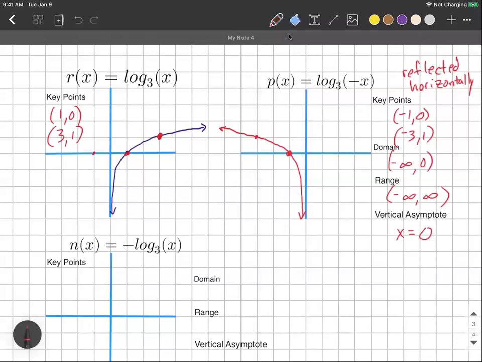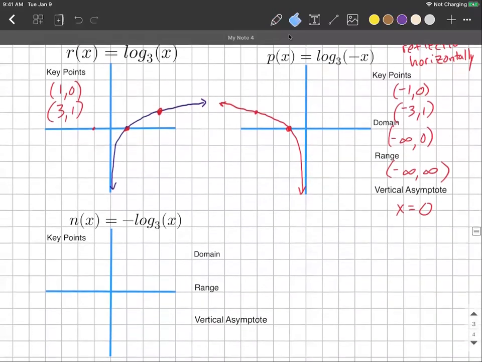This is slightly different than you'll notice when we have a negative out in front of the whole thing, we have negative of the log base 3 of x. This is going to be a vertical reflection. Or it's reflected vertically.